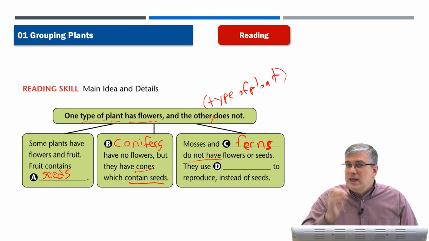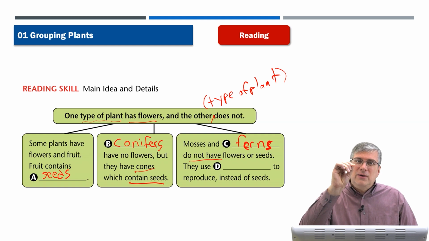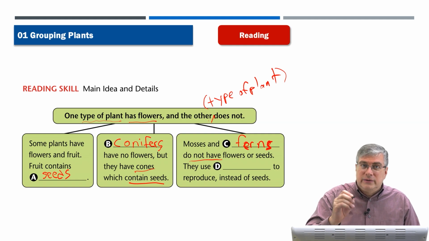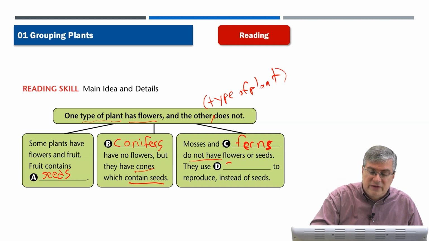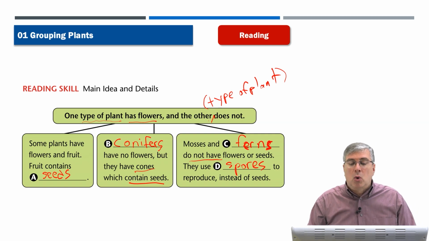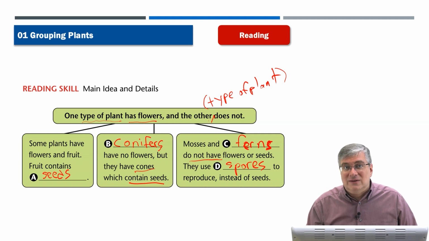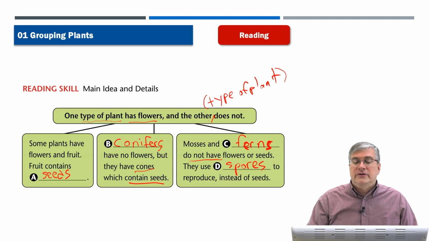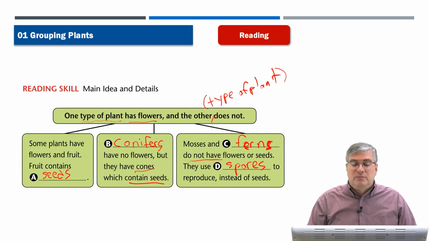What do they use? They don't use seeds. Remember, they're very fine, they're very small. They can be carried by the wind very easily. We call those spores. So they use spores, S-P-O-R-E-S, to reproduce instead of seeds. So not seeds, spores. Mosses and ferns don't have flowers or seeds. They use spores to reproduce instead of seeds.